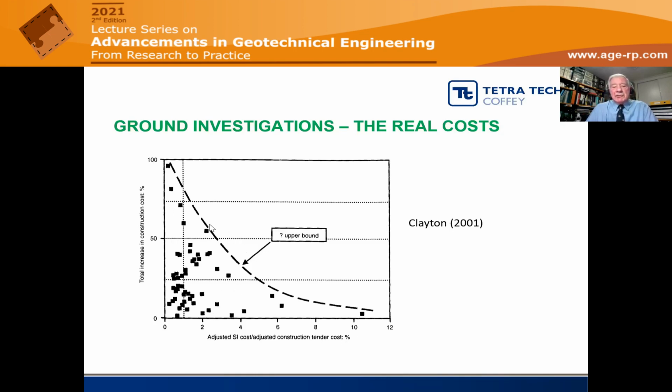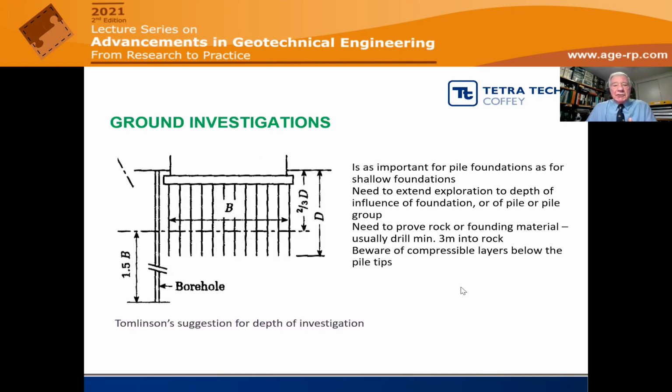And although there's a lot of scatter here, you can see that as an upper bound, the more we can spend on site investigation, the less likely it is that we will have a significant cost overrun. So site investigation is not really a cost, it's an investment in reducing your risks. And that's a message that we need to emphasize to our clients.